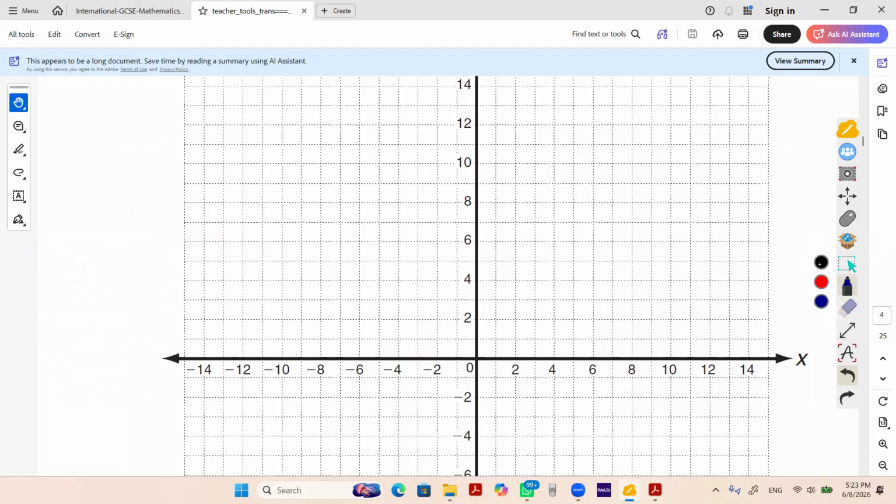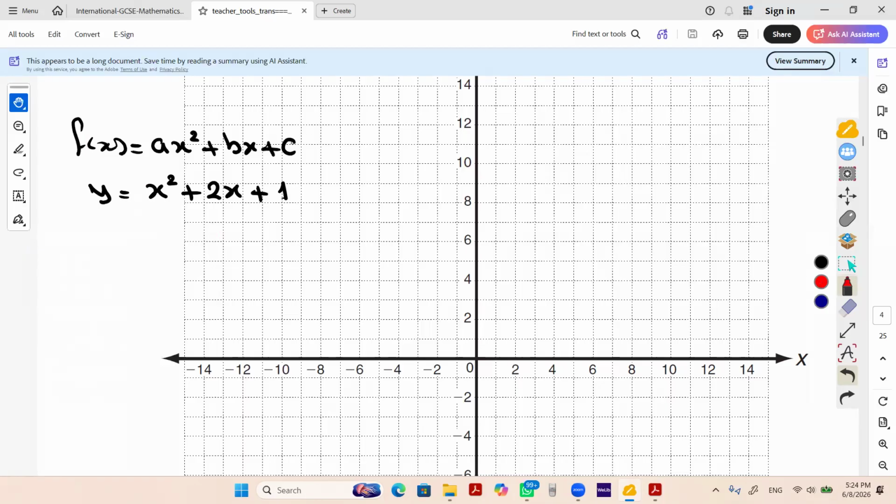Okay? So the quadratic function, which is f(x) or y, has a general form, which is ax squared plus bx plus c. For example, x squared plus 2x plus 1, whatever.